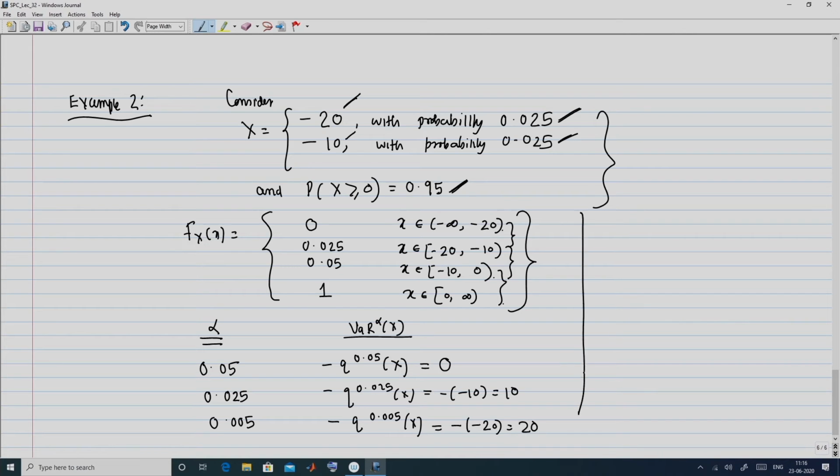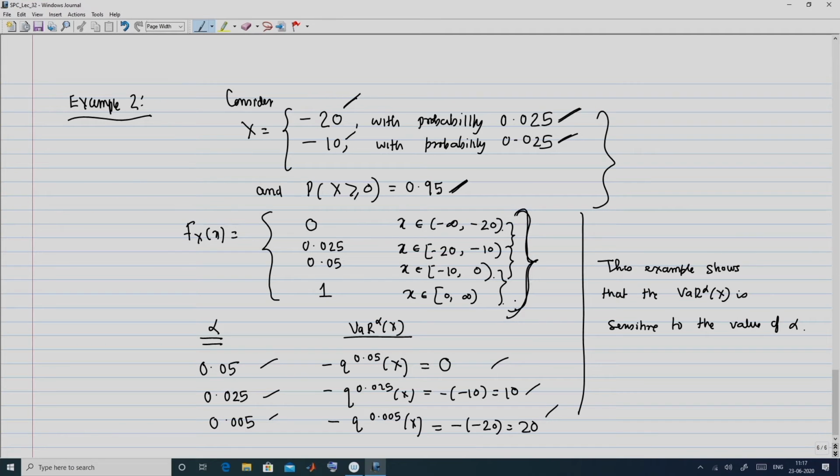The purpose of this example is that it shows something that I have already mentioned, that the VaR alpha of x is sensitive to the value of alpha. So, for different values of alpha, you are actually getting different values of VaR for the same distribution here.